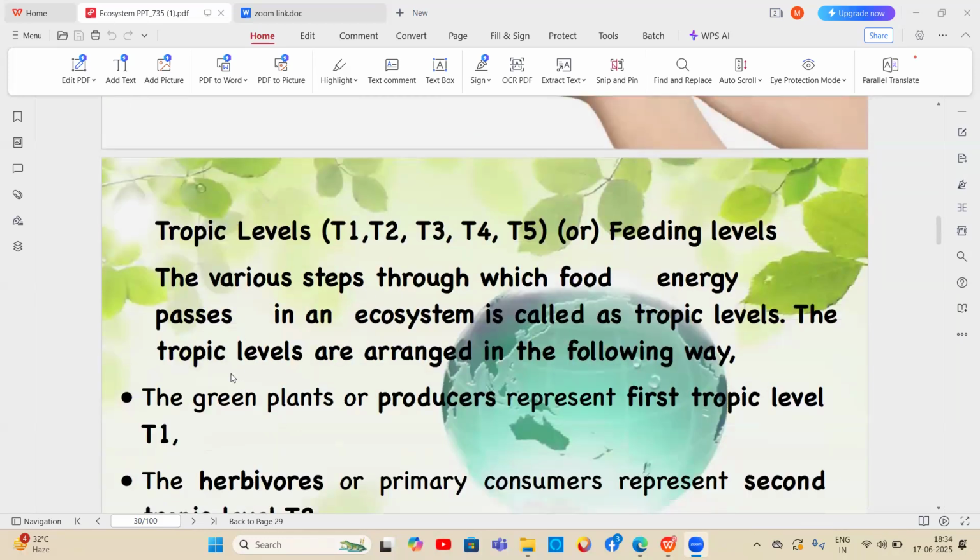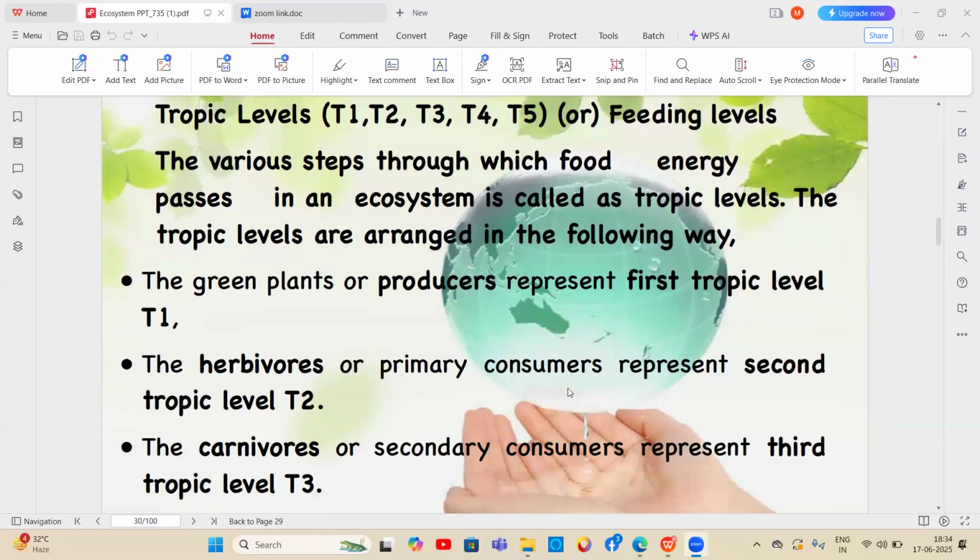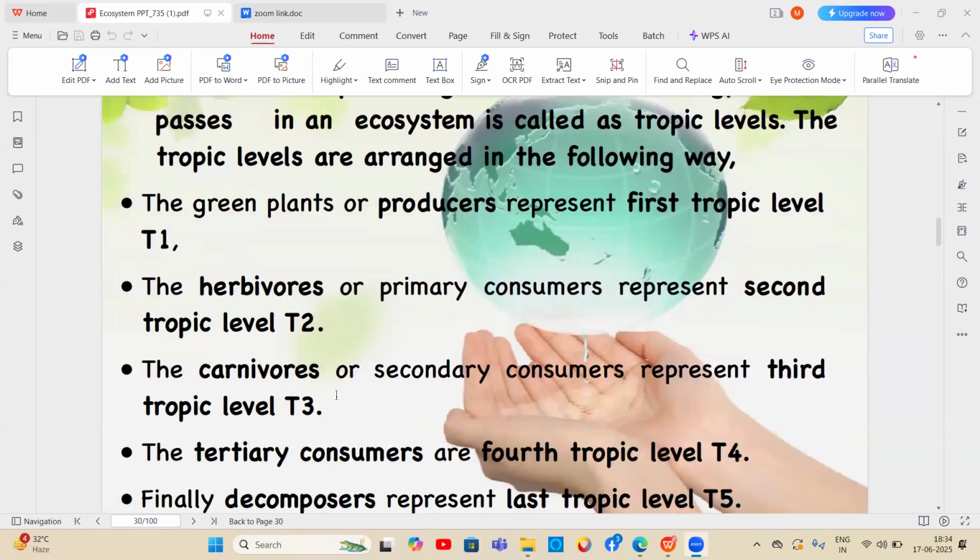Another term in an ecosystem is the trophic levels, that is, the feeding levels. The various steps through which food energy is processed in an ecosystem are called the trophic levels. They are arranged in the following way: the green plants are producers and represent the first trophic level, T1. Herbivores are primary consumers and represent the second trophic level, T2.